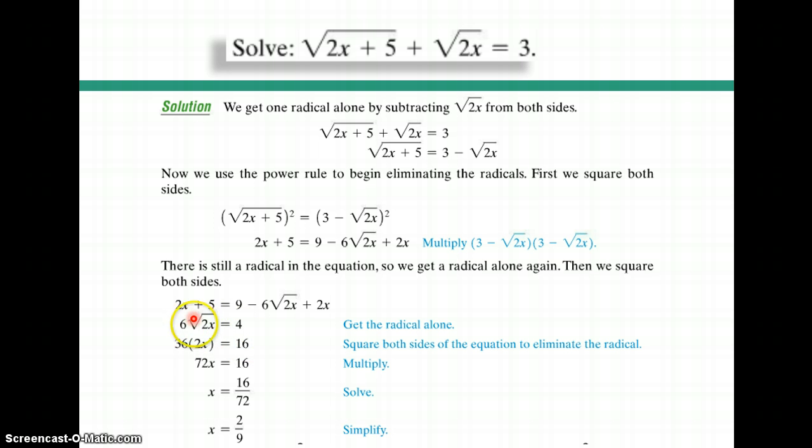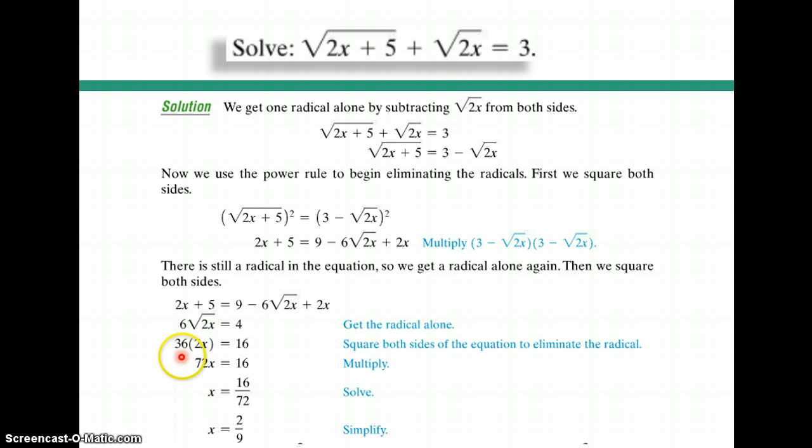Now because the index of the radical is 2, to eliminate this radical by using the power rule, raise the power 2 to both sides of the equation. If you raise power 2, we have 6 square is 36 and square root of 2x squared equal to 2x and square of 4 equal to 16.